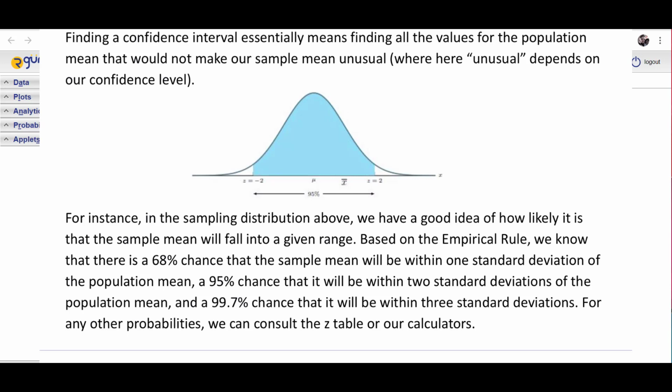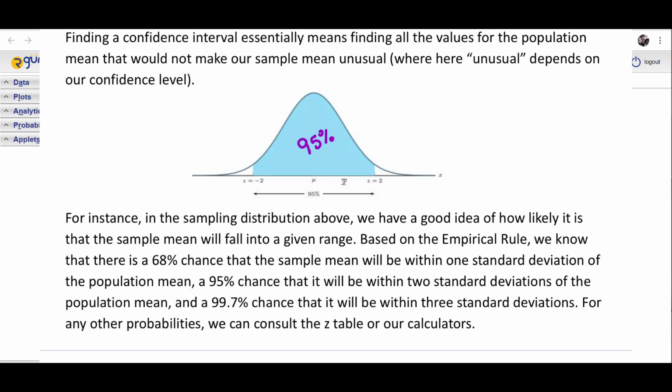So take, for instance, this normal curve with 95% shaded in. We can say that 95% of the data are within 2 standard deviations of the mean. We could also say that the probability that you would choose at random a number that falls within 2 standard deviations of the mean is 95%.